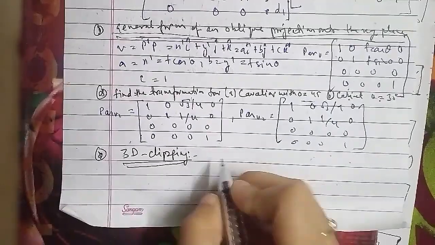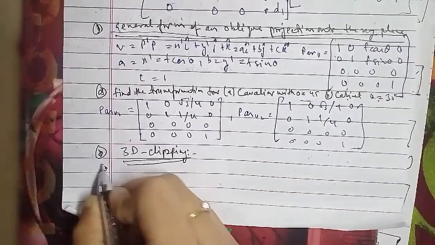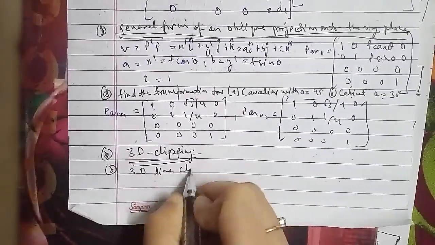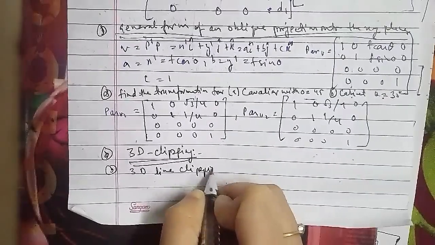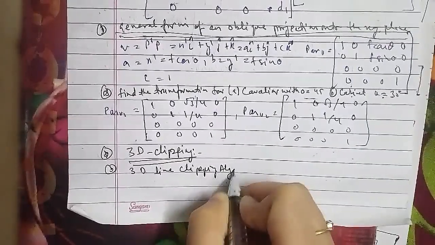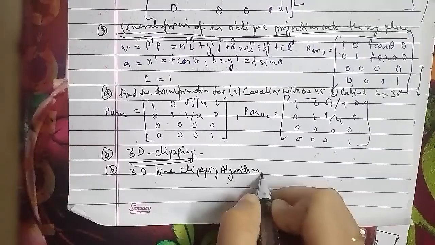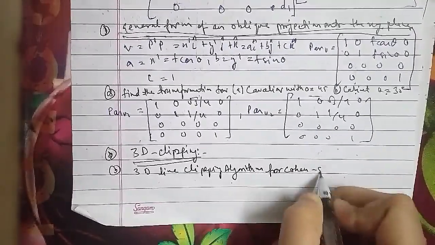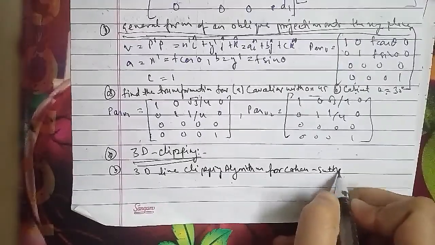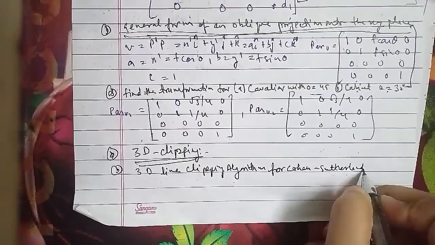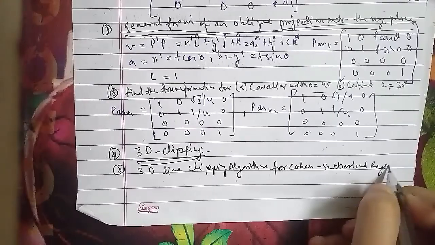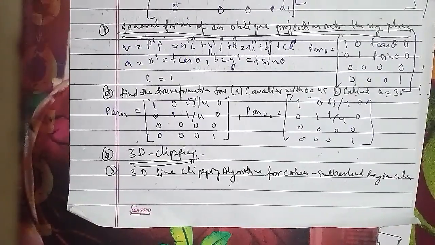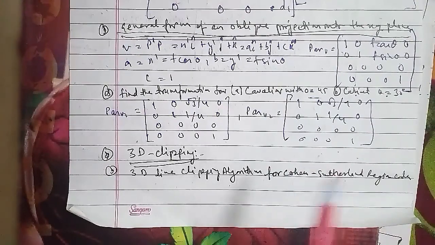So we'll go ahead with the 3D line clipping algorithm for the Cohen-Sutherland region code method. The Cohen-Sutherland algorithm extends easily to 3D.